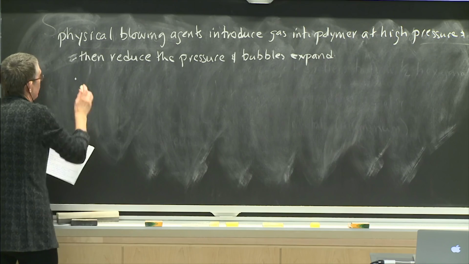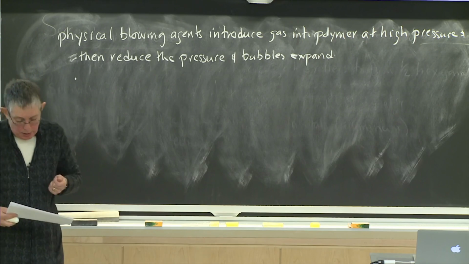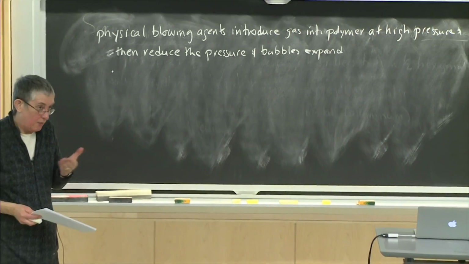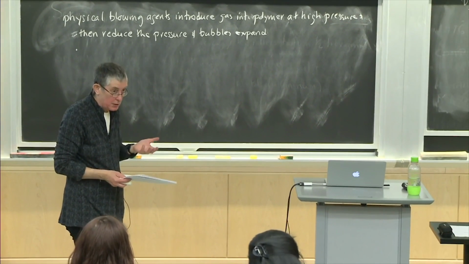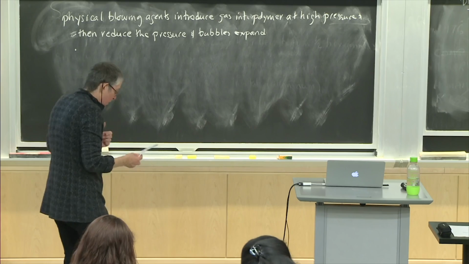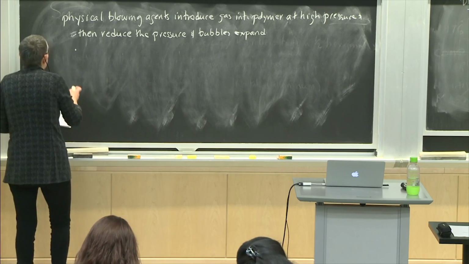Or you can introduce liquids that, if you're using a hot polymer, at the temperature of the hot polymer, they form a gas. So the liquid just turns into a gas, and that would form vapor bubbles.